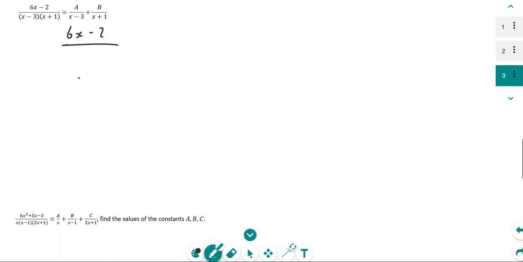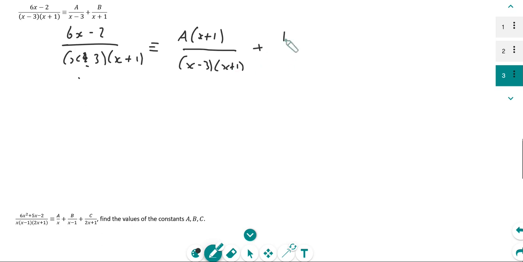So (6x minus 2) over (x plus 3)(x minus 3)(x plus 1) is identical to some number I don't know, a, multiplied by x plus 1 over the same denominator, plus b, and that had x plus 1, so it needs the x minus 3, x minus 3 over, again, this same denominator.